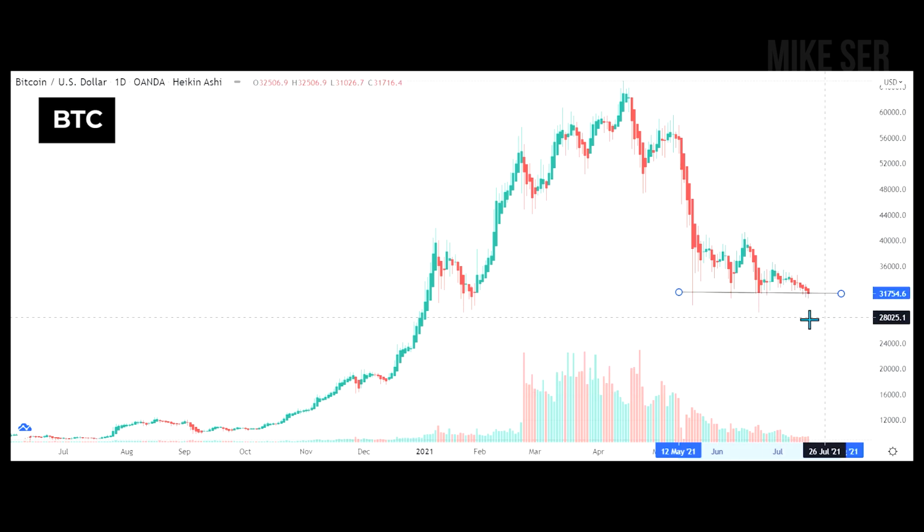But as of right now, looking at the Bitcoin chart using Heikin Ashi and utilizing some trend lines, and also looking at this line here, you can see clearly it's actually a descending triangle. So looking at the charts, looking at Heikin Ashi, this chart is telling us that Bitcoin prices will probably go lower at this point.